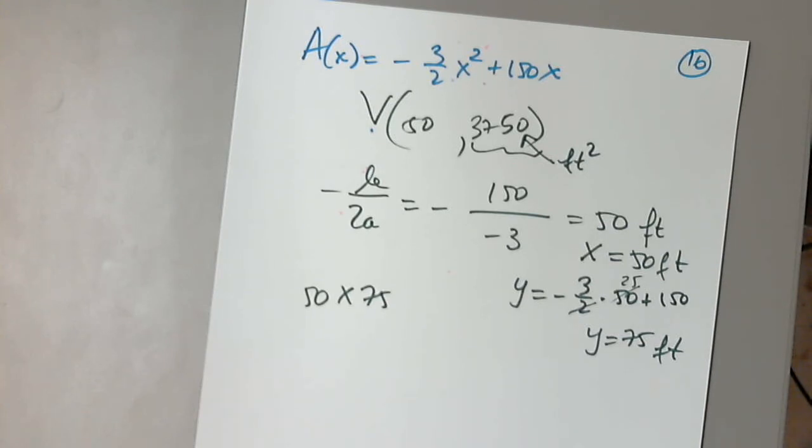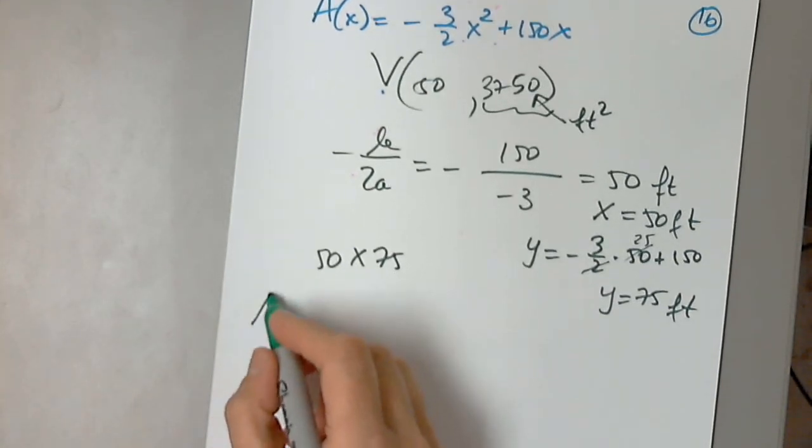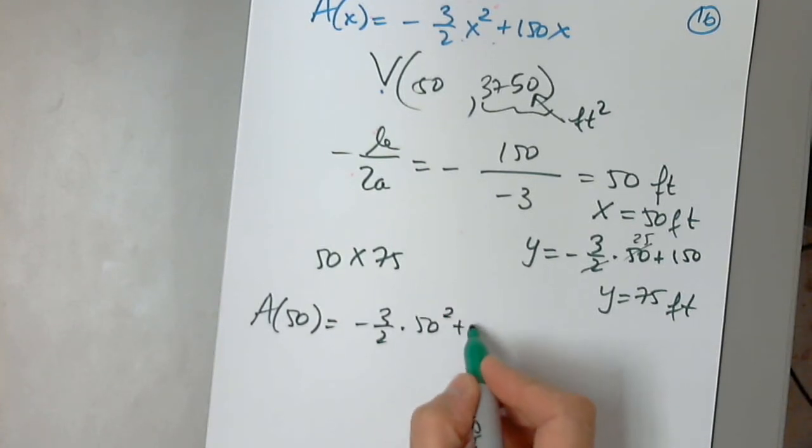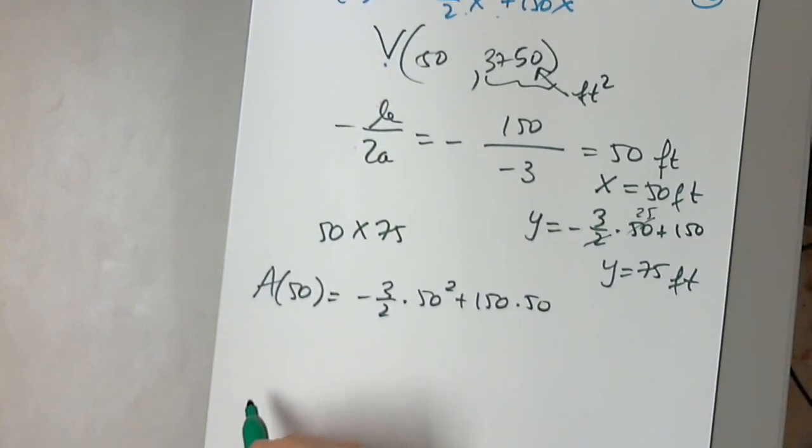So when you plug in 50 in there, you're going to get 3,750. Since I know that the area is determined with x times y, I multiplied it here and put it in there instead of plugging it in, but you can plug it in. So if you want, you can write A of 50, which is negative 3/2 times 50 squared plus 150 times 50.